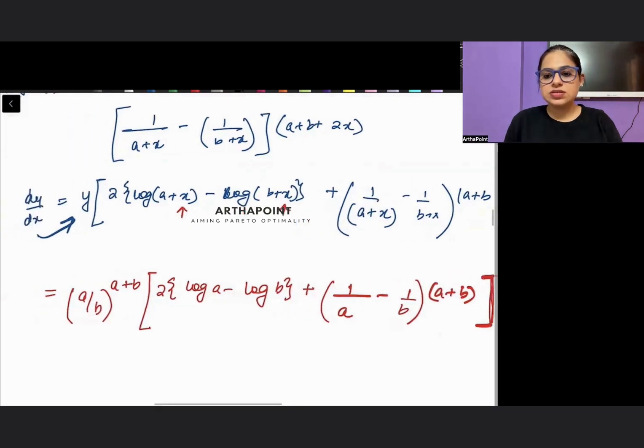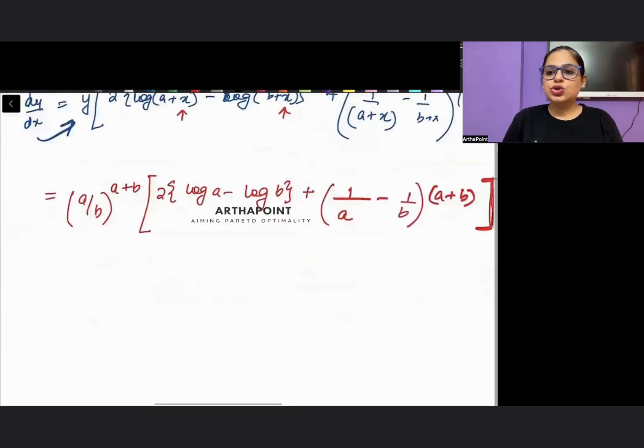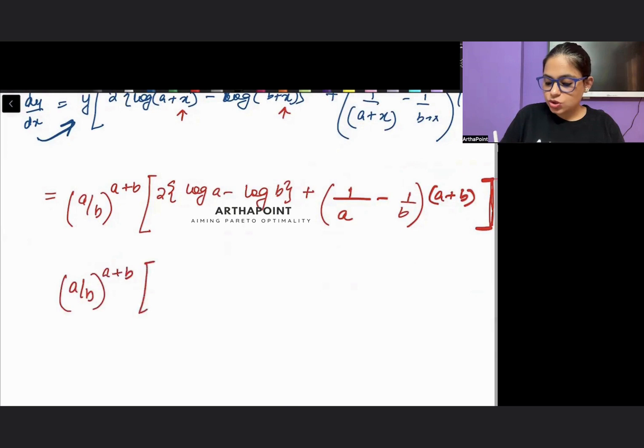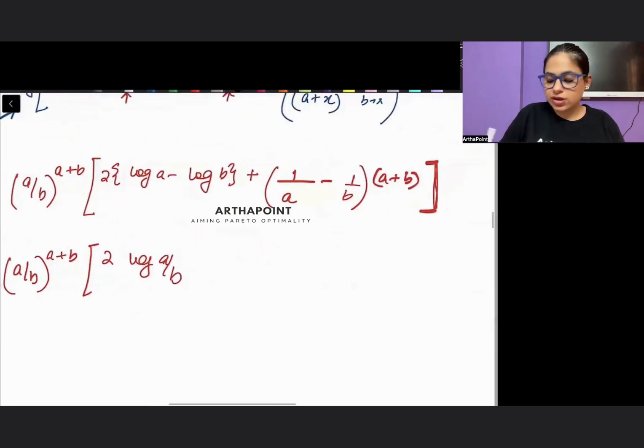So now I will be getting a upon b to the power a plus b into 2 log a by b plus b minus a upon ab into a plus b.